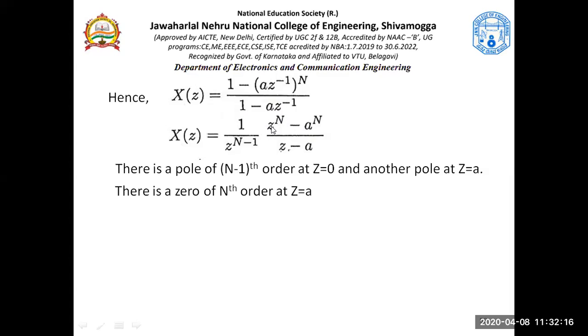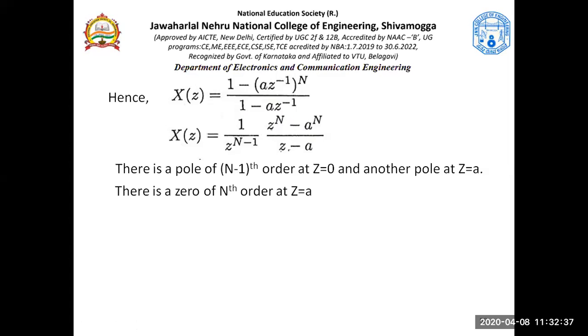So how many such zeros are there? There are capital N number of zeros. Everybody is okay with this? So how to find out the number of zeros and number of poles and how to plot it in the region of convergence. I'm repeating the number of zeros now.